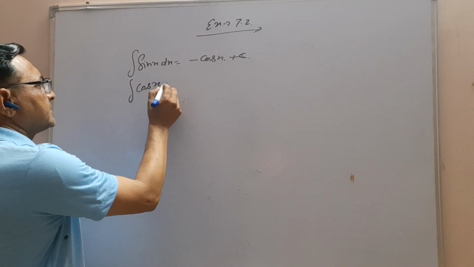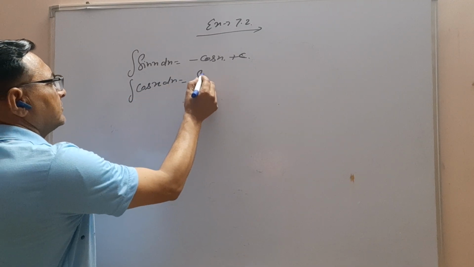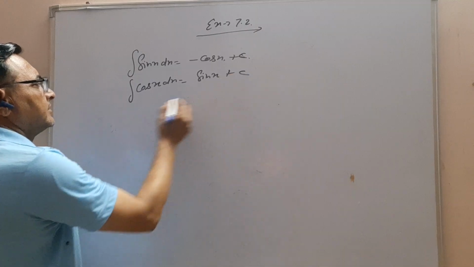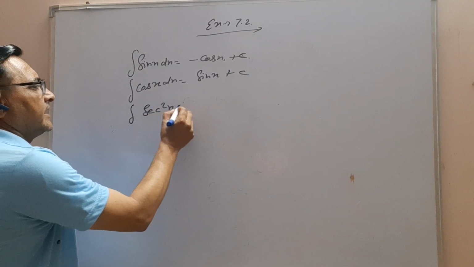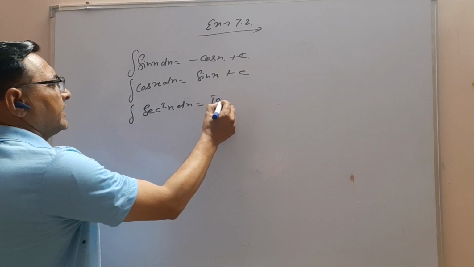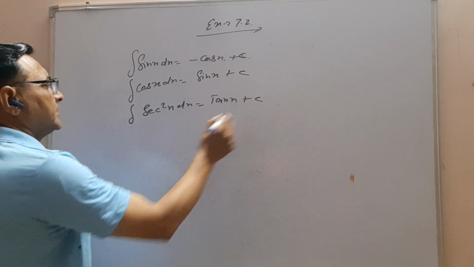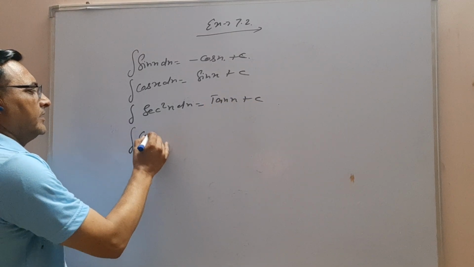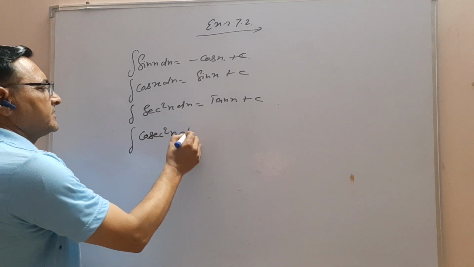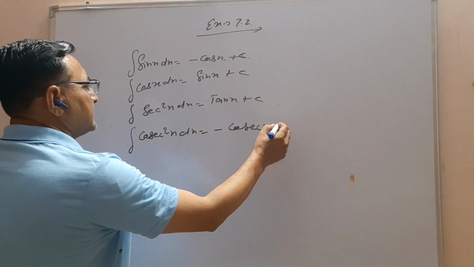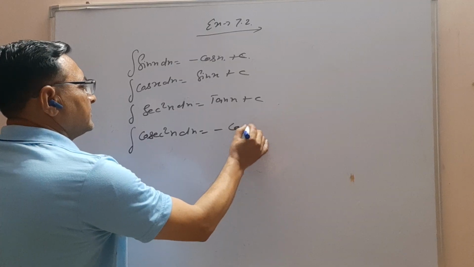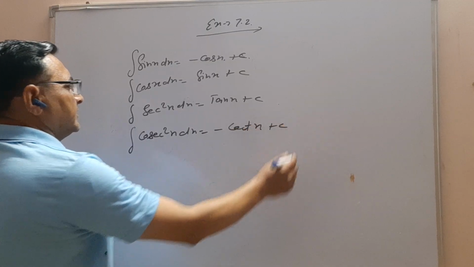Integration of cos x is equal to sin x. Integration of secant square x is equal to tan x plus c. Integration of cosecant square x is equal to minus cot x plus c.